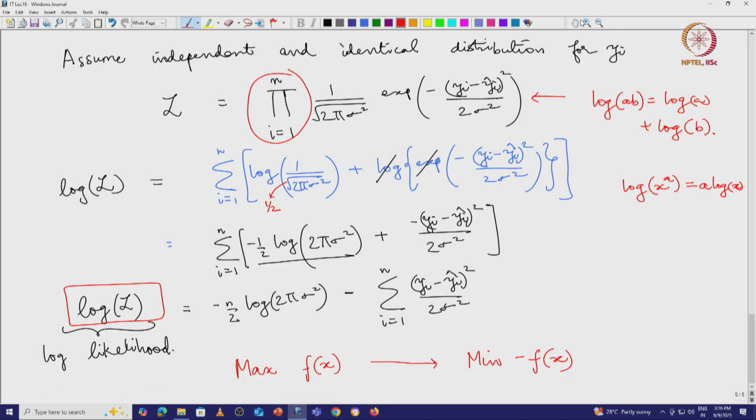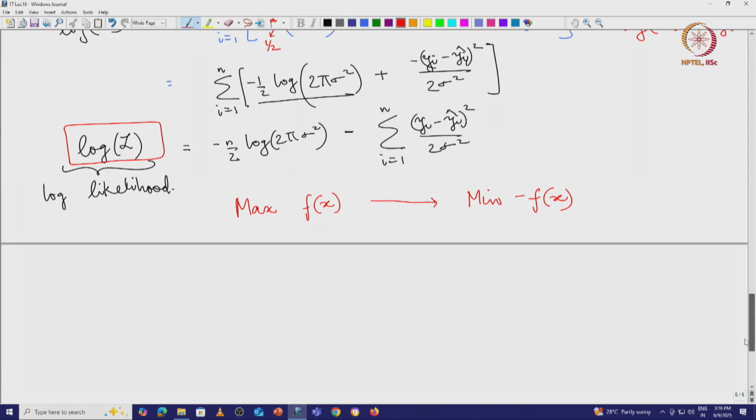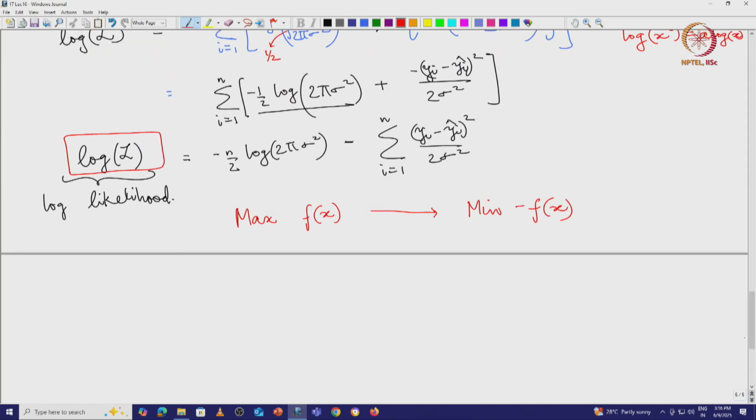So we want to maximize the likelihood of that. So if you want to maximize the likelihood L, we can actually minimize minus L. But in fact we have something better here. Since the log is a monotonically increasing function, we can just work with the log of L. So in a sense maximizing the likelihood is equivalent to maximizing the log of the likelihood, because log is a monotonically increasing function.